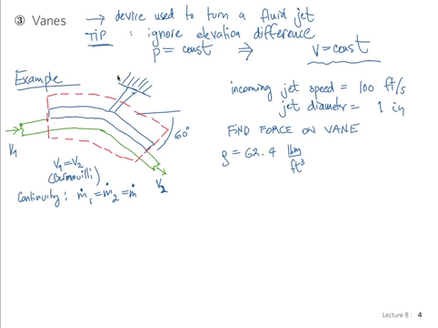So we have a resultant force here in the y direction and a resultant here in the x direction, both at the point where the vane is being kept fixed somehow. Let's call these Fy and Fx, the two forces.